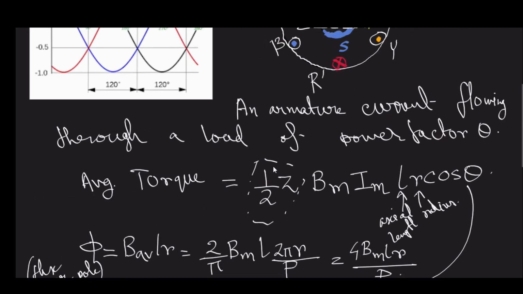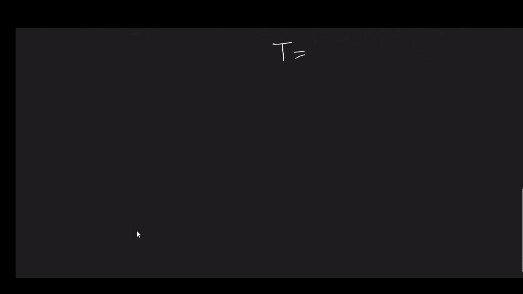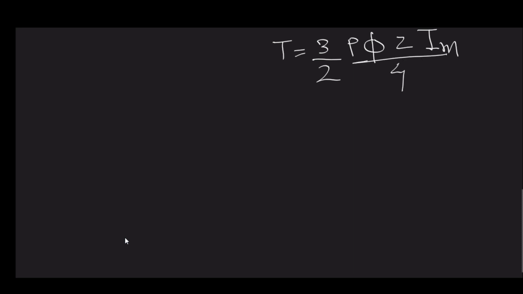okay, this one is for single phase, for three phase it should be 3 times, so here you should get 3 by 2, and this one will become 3 by 2 P phi Z Im by 4 cos theta.